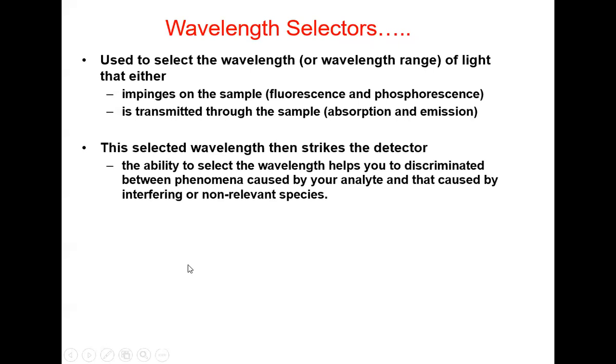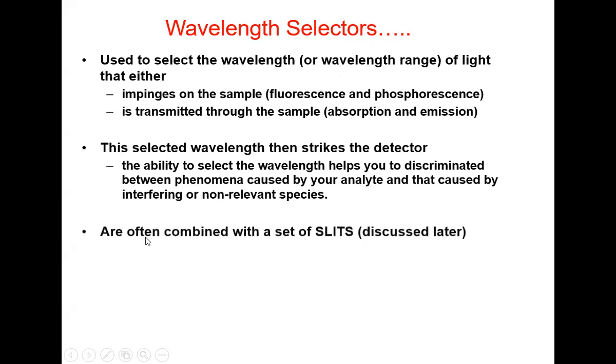These are things that we normally use to select wavelengths of light. Wavelength selectors select a wavelength or range of light, and this selected light is going to strike the detector. We talked about this slide early on, so this is nothing new. Usually, wavelength selectors are often combined with a set of slits, holes that choose some light.